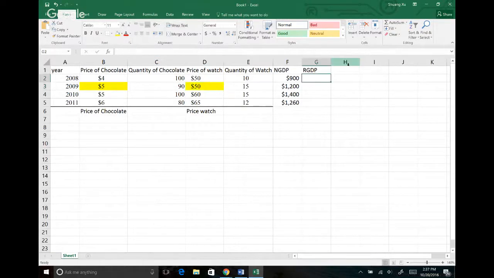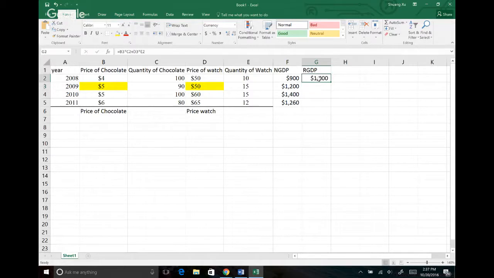So for 2008, you're going to take your 2009 price times your 2008 quantity, and then plus again 2009 price times 2008 quantity. That's going to be 1,000. And then same thing for this one.